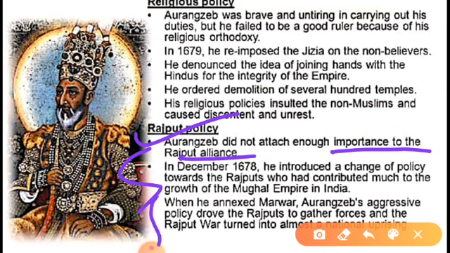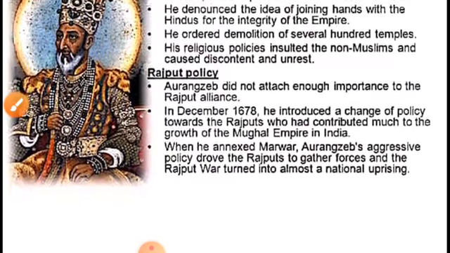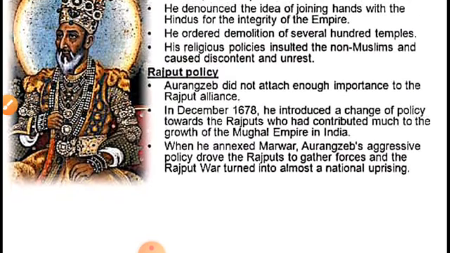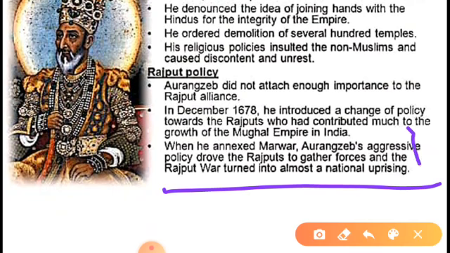When he annexed Marwar, Aurangzeb's aggressive policy drove the Rajputs to gather forces, and the Rajputs turned it into almost a national uprising. The Rajputs are very fond of their Hindu religion, so they came totally against Aurangzeb and the Mughal Empire.